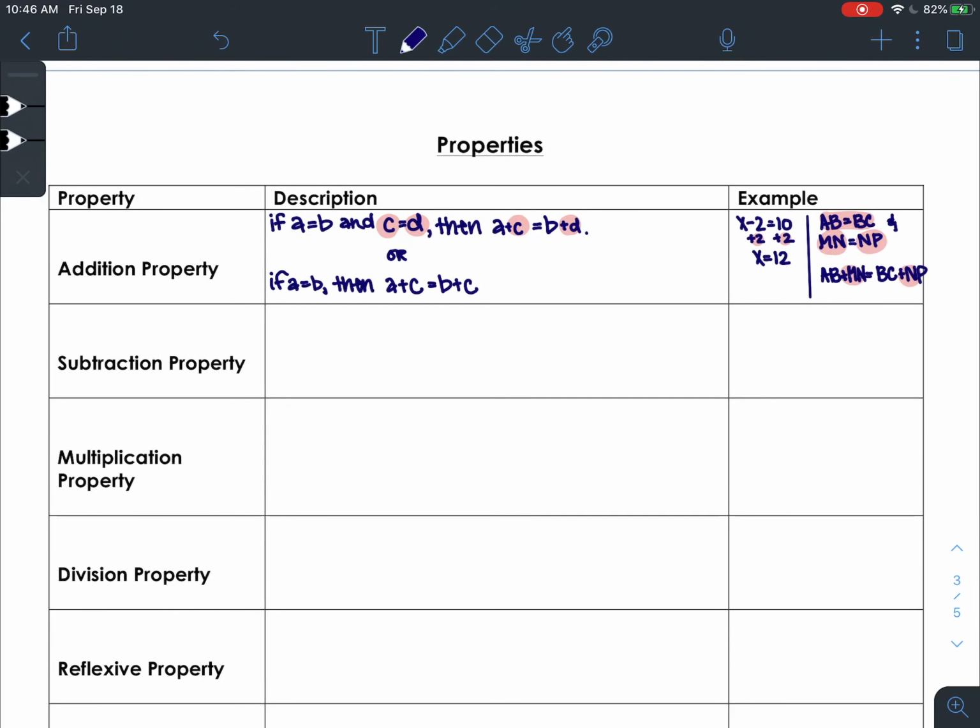So what I'm going to do, though, is for subtraction, multiplication, and division, I'm going to keep this second set here, all right? And that's how I'm going to describe it.